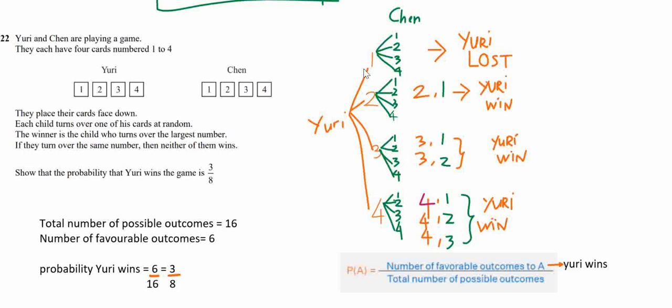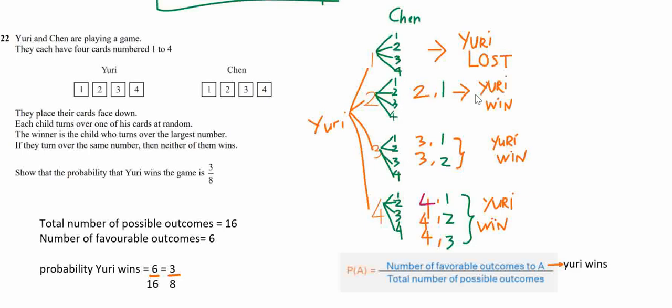Since we talk about Yuri winning: if Yuri's number is 1 and Chen's is 1, 2, 3, or 4, then Yuri loses in all these cases. Now if Yuri got 2, then Yuri will win only when Chen got 1. If Chen got 2, 3, or 4, then Yuri lost.